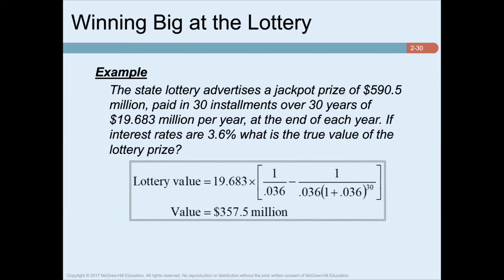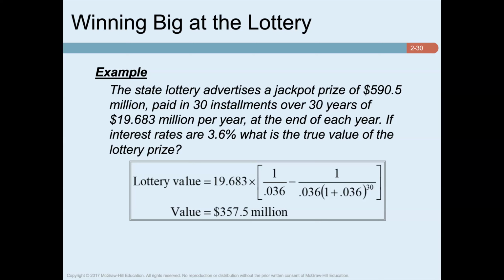And then the state lottery advertises a jackpot prize of $590.5 million, paid in 30 installments over 30 years of 19.63683 million at the end of each year. The interest rate is 3.6%.